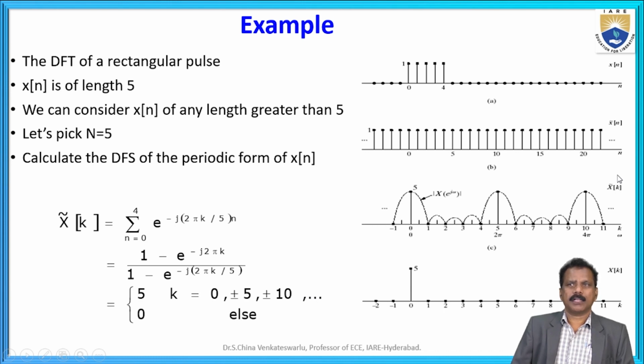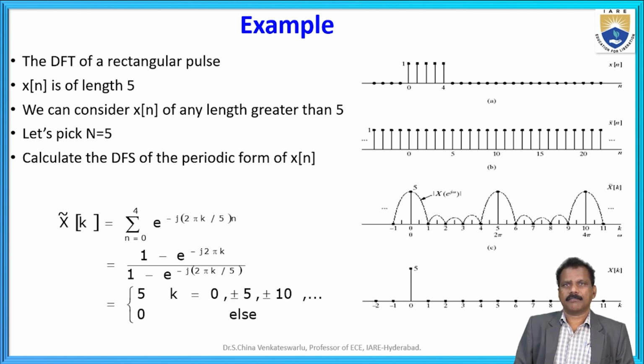Otherwise, we try to verify it in terms of e power j omega and so on. We can analyze this graphically, with reference to the DFT of a rectangular pulse x of n of length 5.